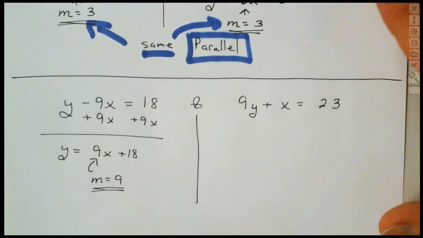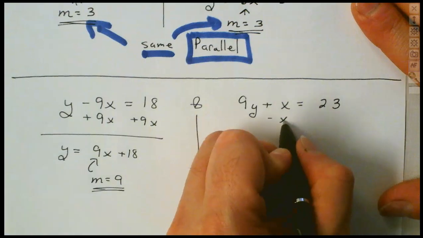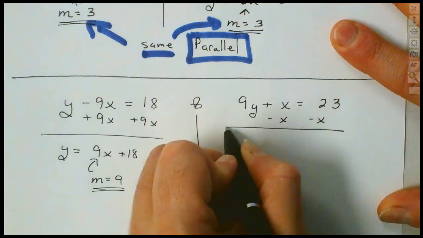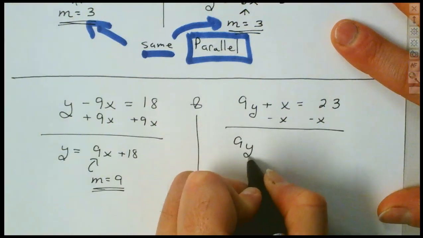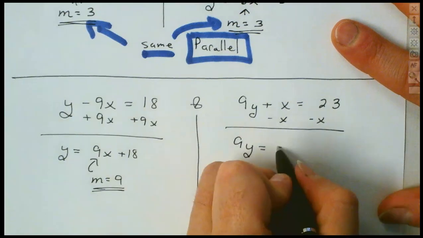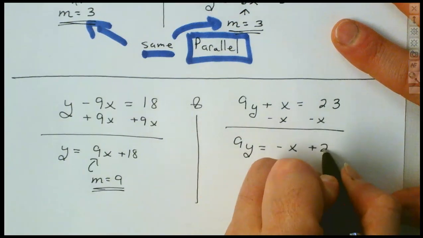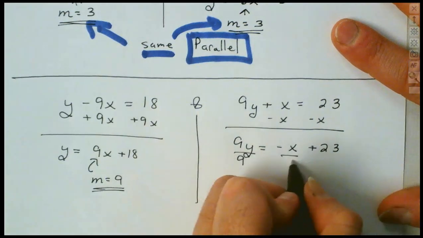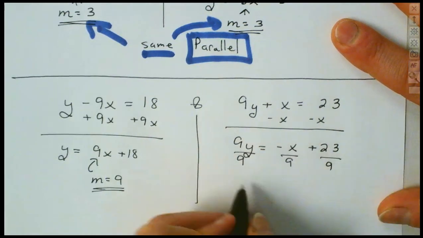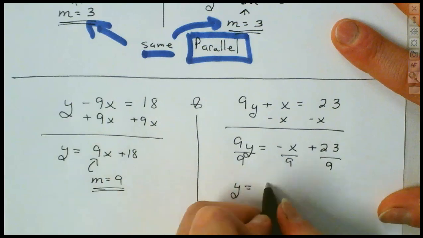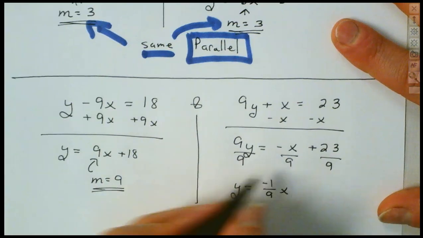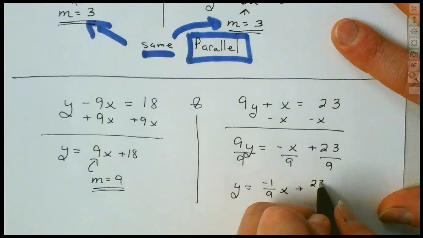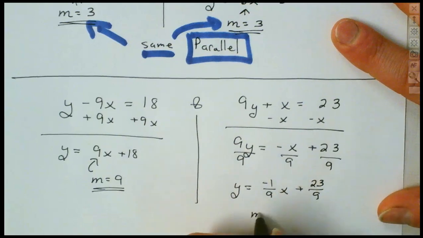So we've got a slope of 9. For the other one, move that x over. So 9y equals minus x plus 23. We'll divide by our 9. And y equals minus 1/9 x plus 23 over 9. My slope is minus 1/9.